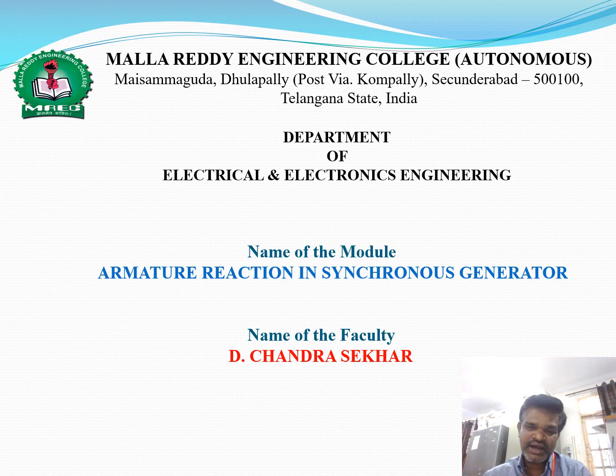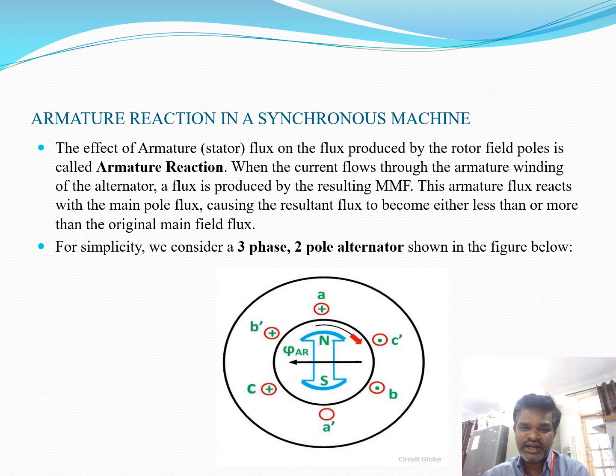Now we will see this armature reaction in synchronous generators for different power factors. So the armature flux and the main magnetic flux are produced by the rotor field poles. When the current flows through the armature winding of the alternator, a flux is produced.